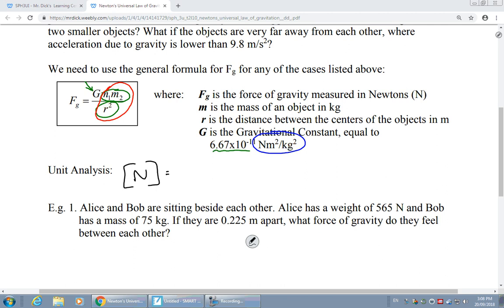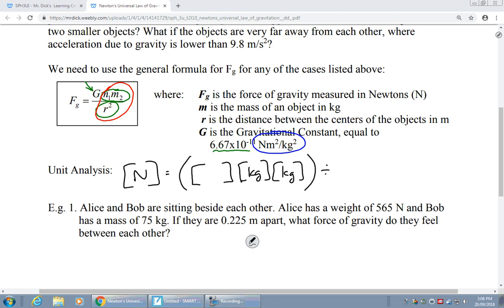And then we're multiplying a few things together on top, and I'm just going to put all this multiplying stuff in a bracket. We're multiplying our value G, and I'll explain that unit in just a moment. But we also know that we need to multiply by kilograms, and then kilograms again, because we've got two masses on top.